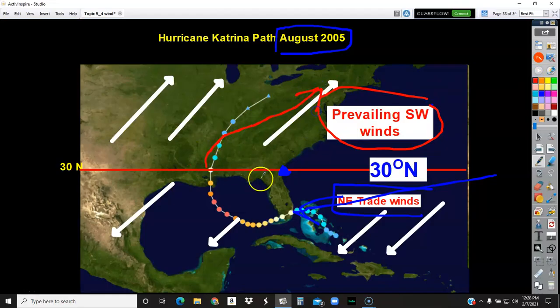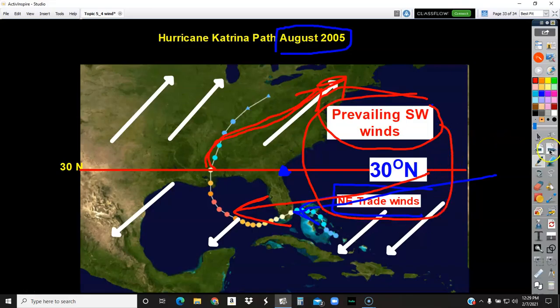And now instead of going south and west, it's going to start to turn and go north and east and head out off the coast of North America, Nova Scotia, and head out into the North Atlantic. And so that's typical of hurricanes. They take that right-hand hook, and that's because of these wind belts that steer them in that direction.